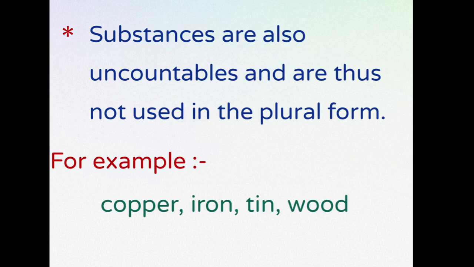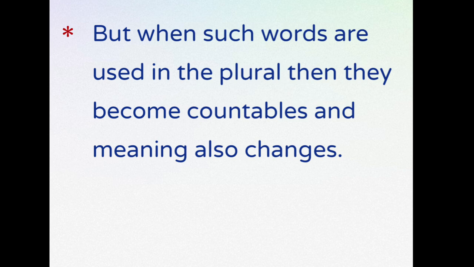Also, substances are uncountables. So they are not used in the plural form. For example, copper, iron, tin, wood. But when such words are used in the plural, then they become countables and the meaning also changes.